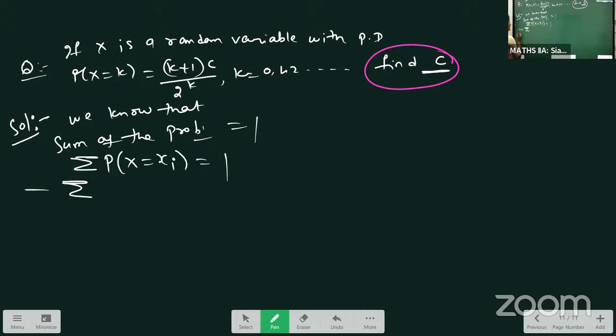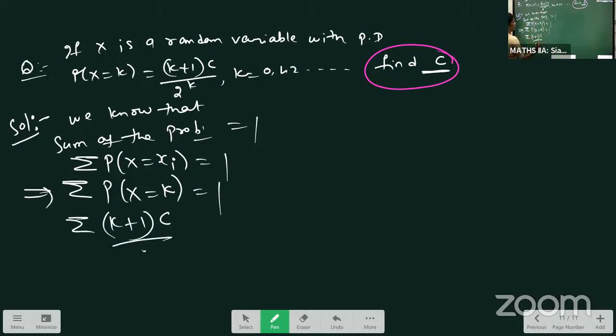Sigma as it is, P of X is equal to Xi can be replaced by X is equal to k, equals 1. Sigma as it is, again P of X is equal to k, value is given as what? (k plus 1) into c by 2 to the power k is equal to 1. On sigma, write the k value. K is equal to 0, 1, 2, 3, so on. So on is always infinity. Now start taking k is equal to 0.